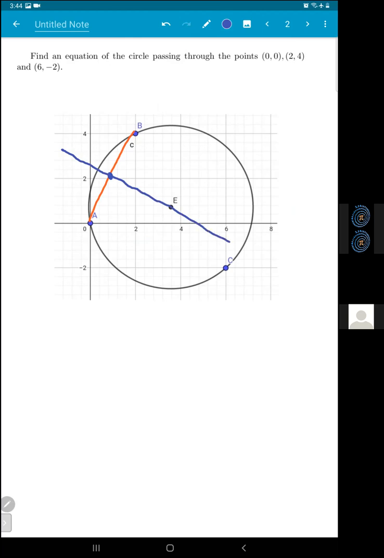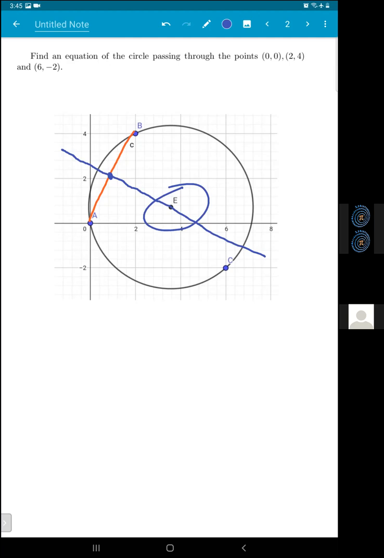And that's true for any chord. So if we can get the equation of that line, then at least we can get a relationship between the coordinates of the center. Meaning we have an equation set up and we just need another one.